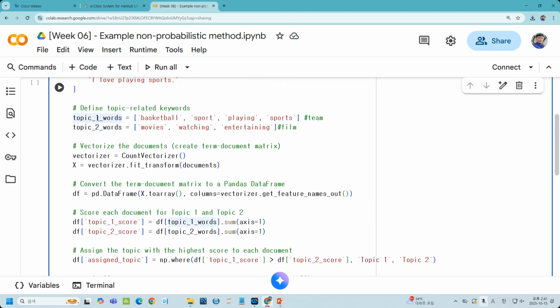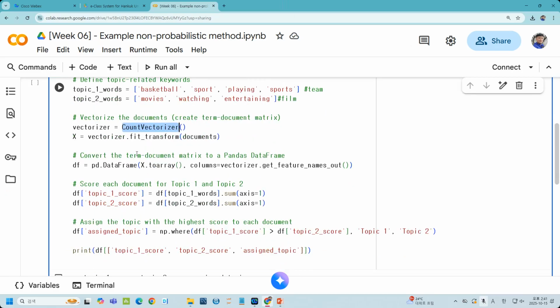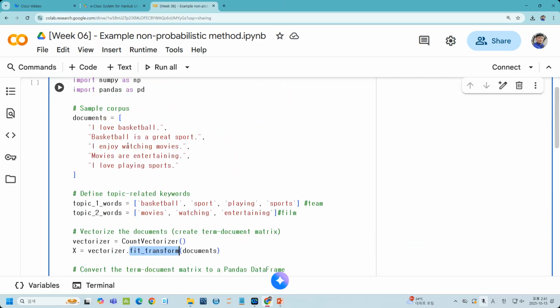Let's say in topic one, we want to collect any words related to basketball, sport without S, playing, and sports with S. Topic two is about movie, watching, and entertaining. So we can count how many times those words appear, and then we put it into the variable X for the document. So we have this document.